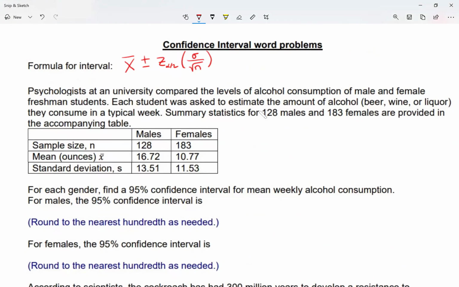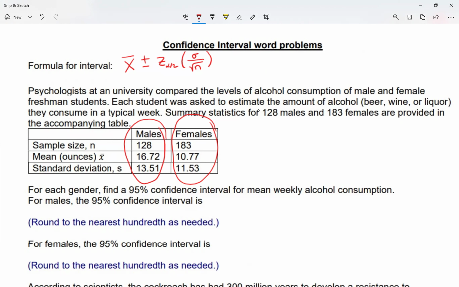Summary statistics for 128 males and 183 females are provided in the table below. I see some information about males: 128 males were interviewed, the mean is 16.72 and the standard deviation is 13.51. And then I see my information here for females.